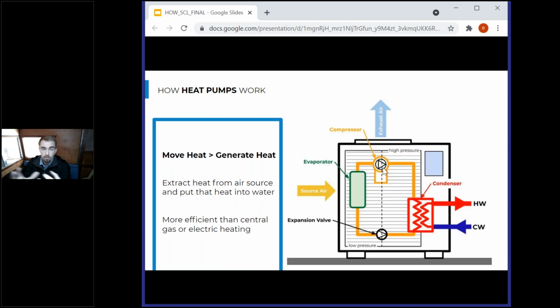So you're paying for 1 kilowatt, you're getting 3 kilowatts, where with an electric resistance heater, where you would have used electricity to actually make that heat, you're paying for 1 kilowatt and you might get 0.9 kilowatts of heating into the water. So that's a really important piece here, is the heat pump is just moving the heat, so we don't have to pay nearly as much for that heat to get put into the water.